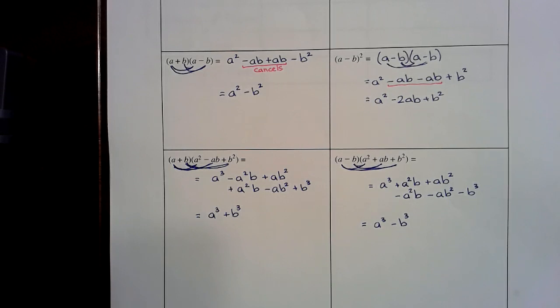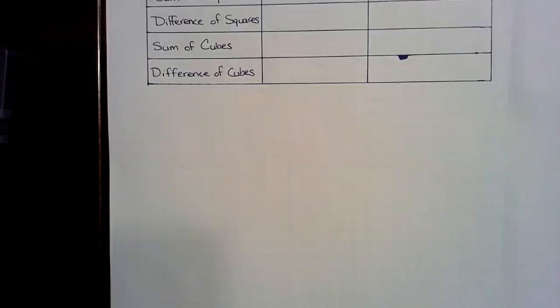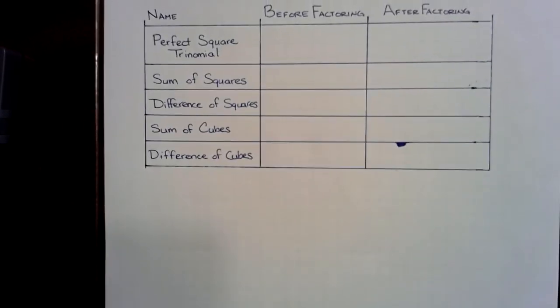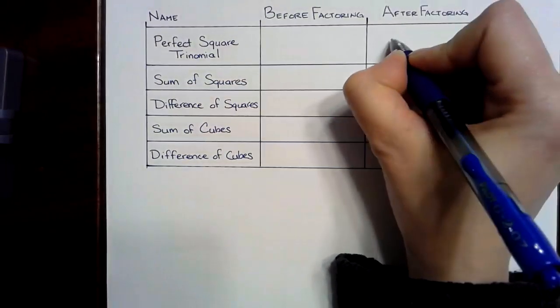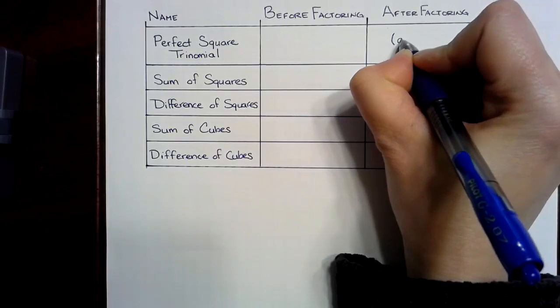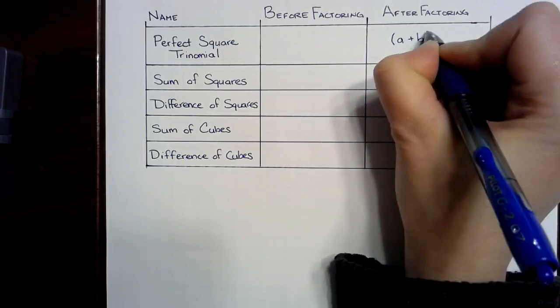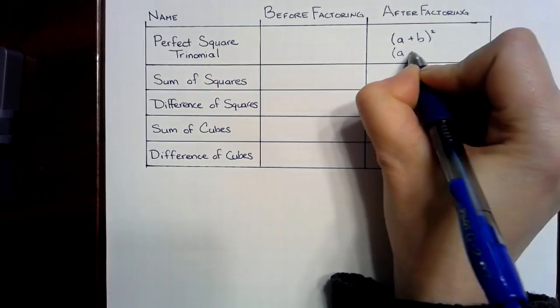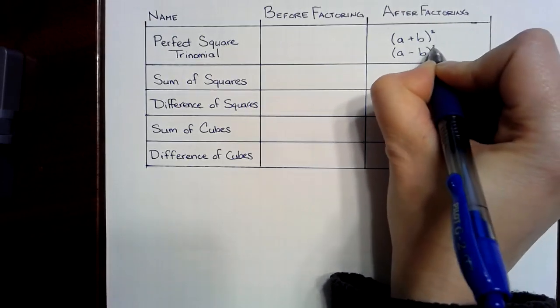So this is actually all we need to know for our special forms. A perfect square trinomial is one that gives you a perfect square as your answer, which means that after factoring, your answer will either be something plus something else squared, or something minus something else squared.